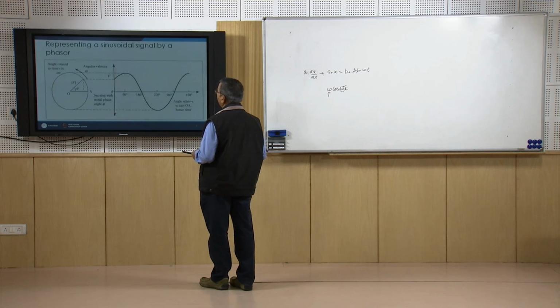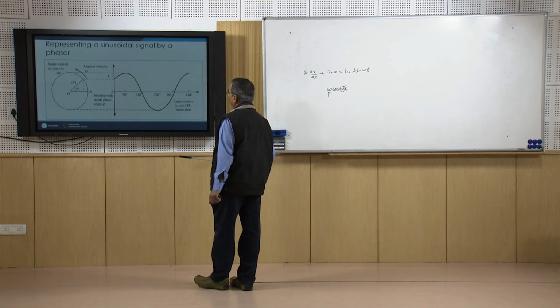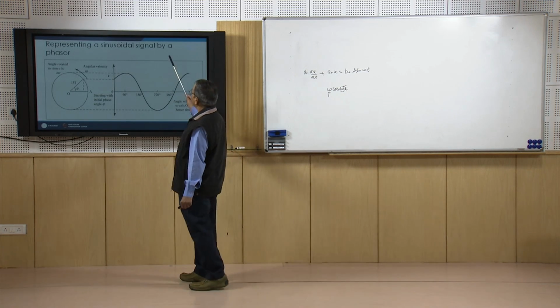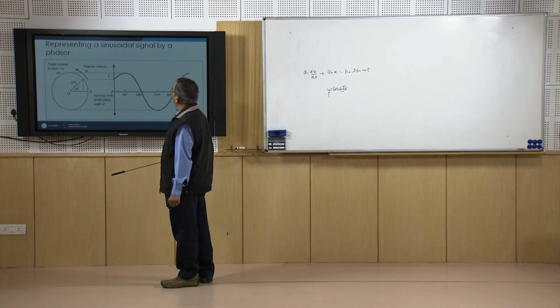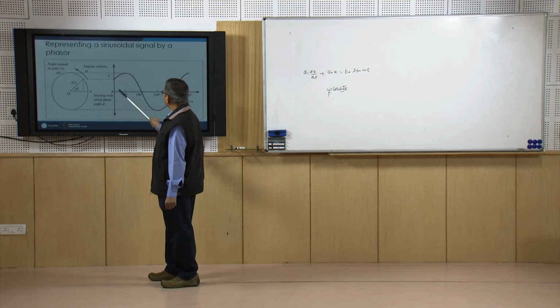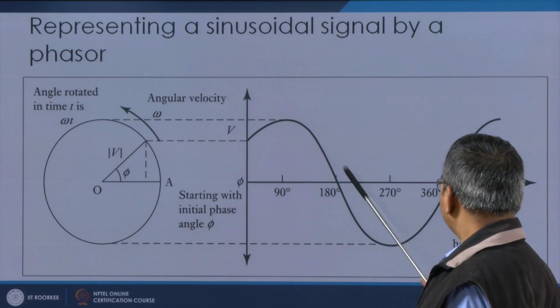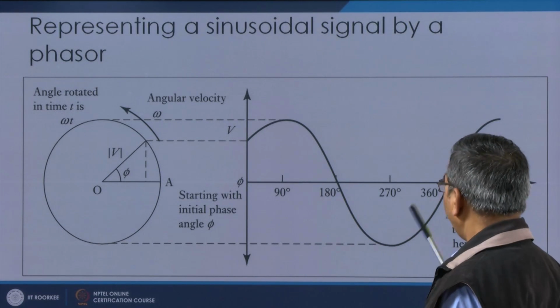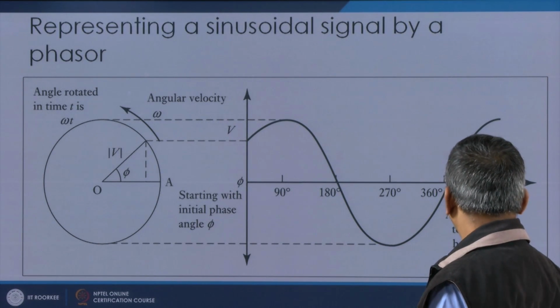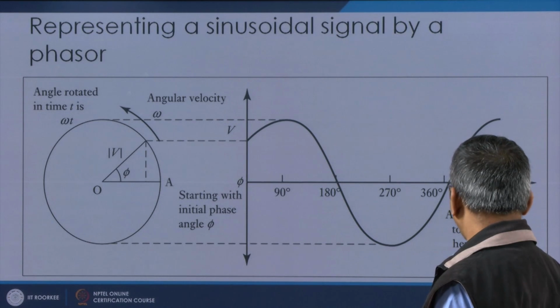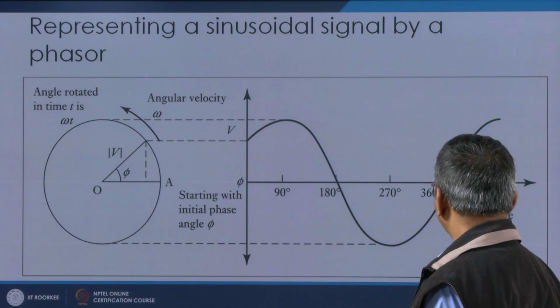You can see the representation of a sinusoidal signal by a phasor. Suppose this is my sinusoidal signal, and here you have the angle relative to axis OA, hence time.